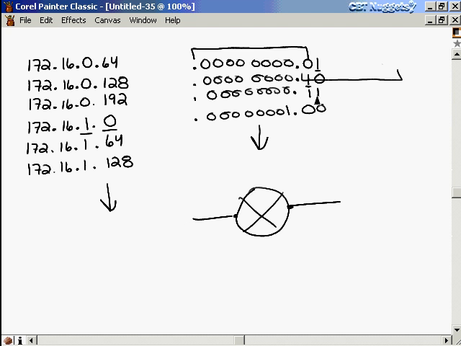So let's figure out the host. If I'm going to have 2 bits of my fourth octet designated for the subnet ID, that means it's going to leave me with 6 bits that I can use for the host ID. So with 6 bits, 0, 0, 0, 0, 0, 0, obviously not allowed. And then if I go just to the portion where I have just 1 bit on, there it is.